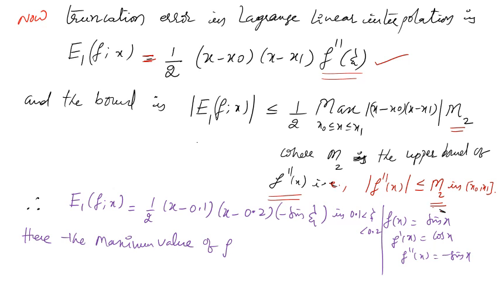The maximum value of mod f double dash xi, which is mod sin z, right? Mod sin z in what interval? In the interval 0.1 comma 0.2. This is less than or equal to, xi belongs to this interval.